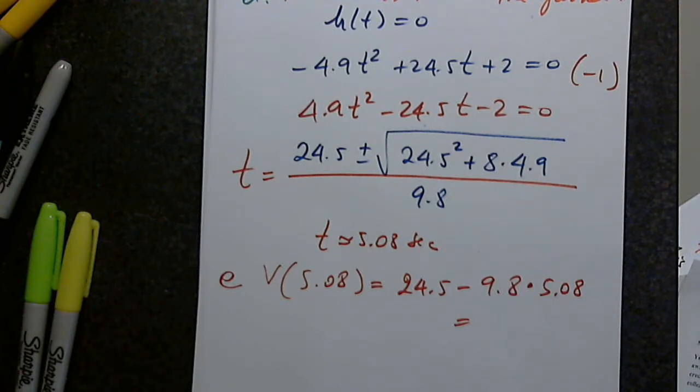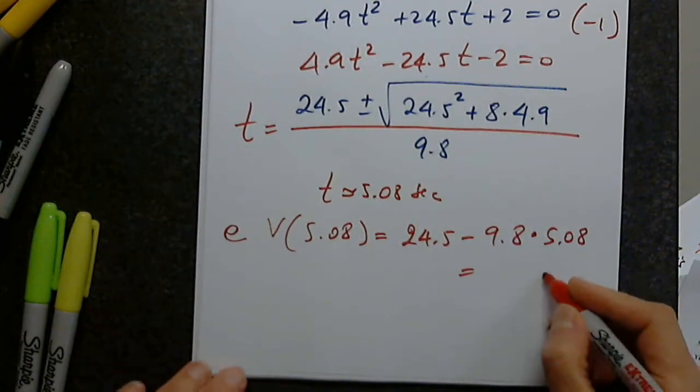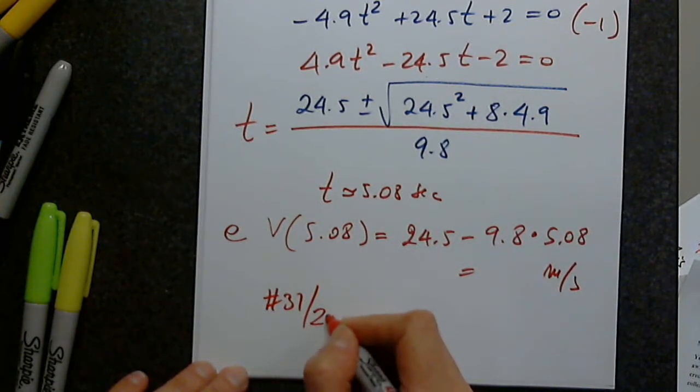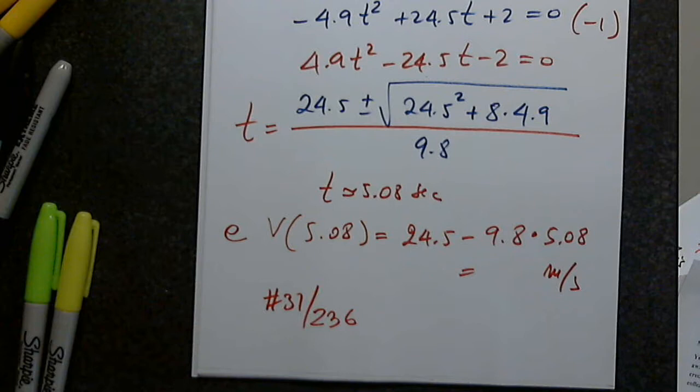I would like to look at 31 on 236. So this will be in meters per second. On 236, this section is not done. We still have other applications here to look at, but I know I have 4 minutes, so I'll do what I can in 4 minutes. If not, I'll stop.